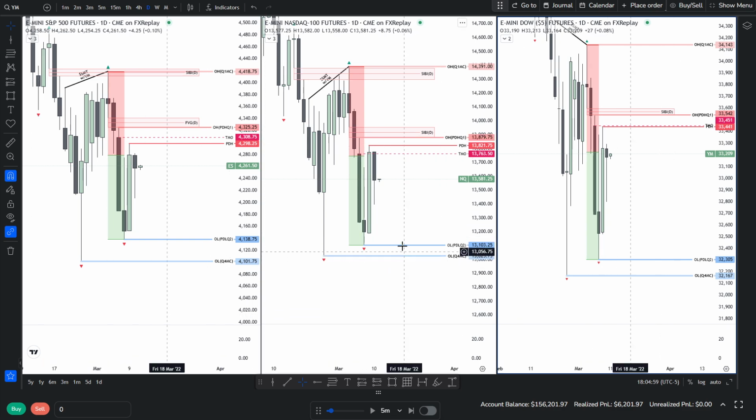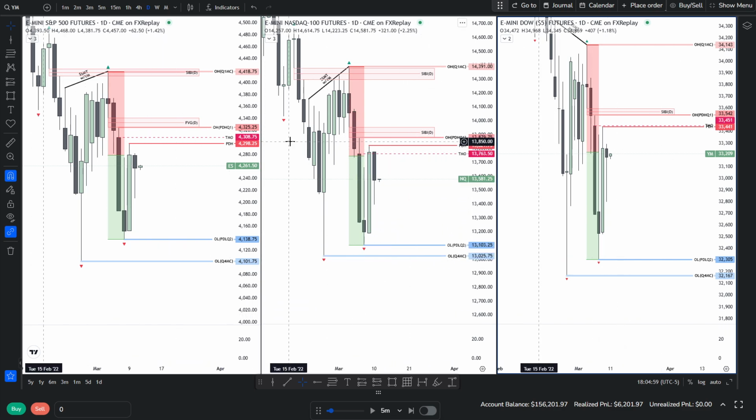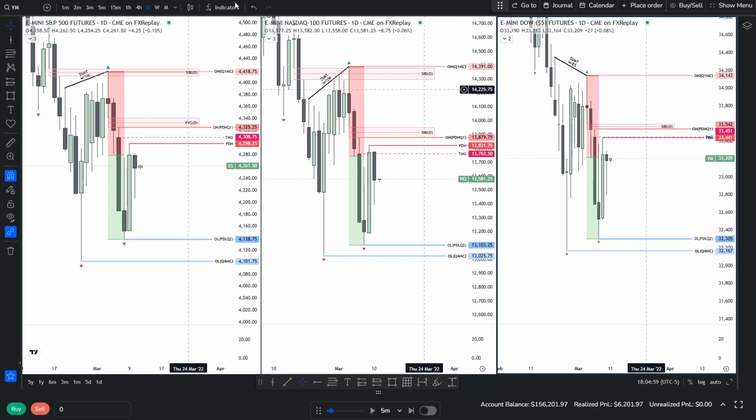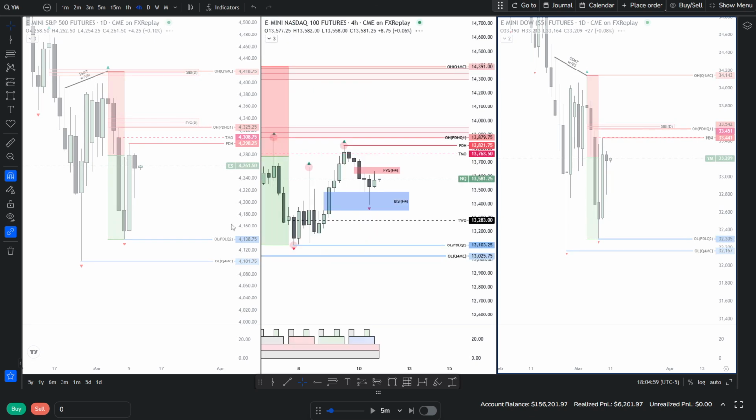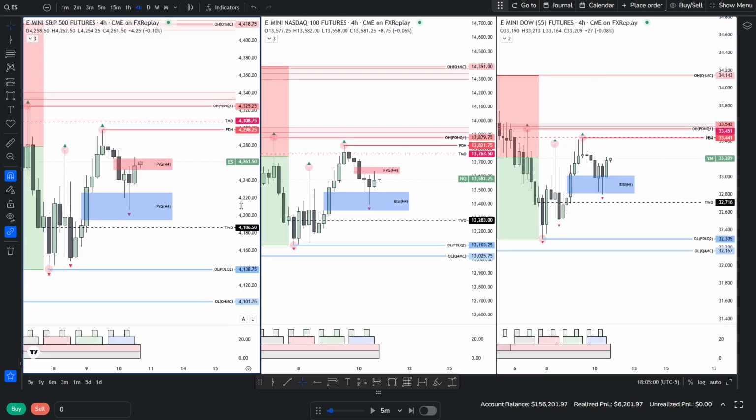Nothing major has changed on the daily time frame, so we're not going to spend too much time here. But we're just going to drop down to the 4 hour. Let's see what we've got.